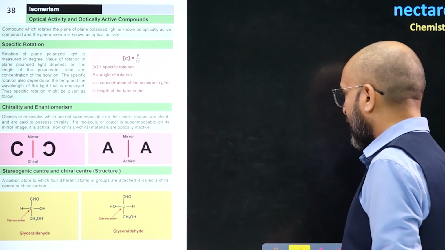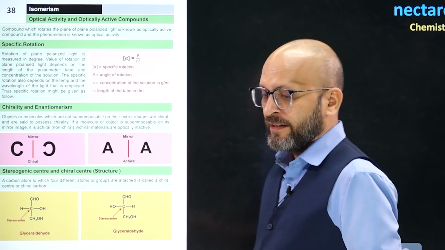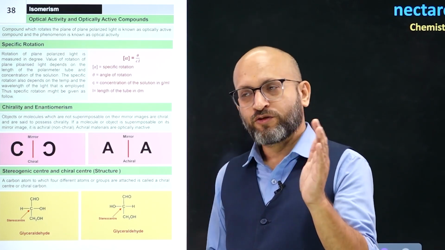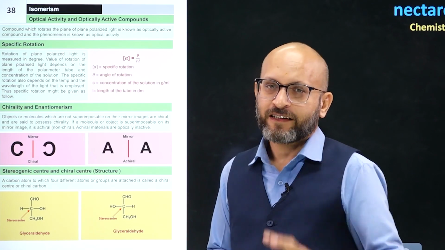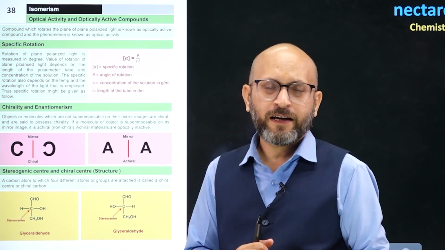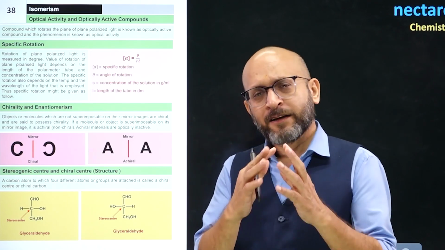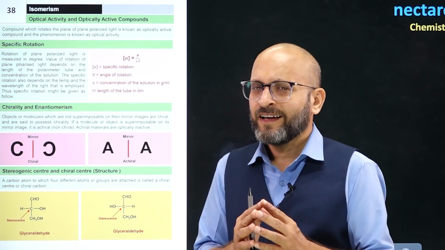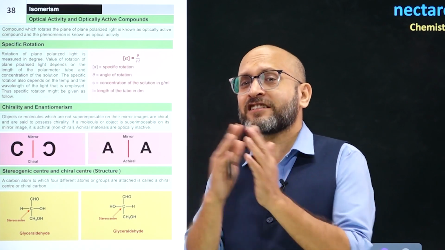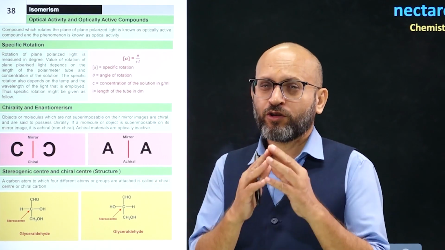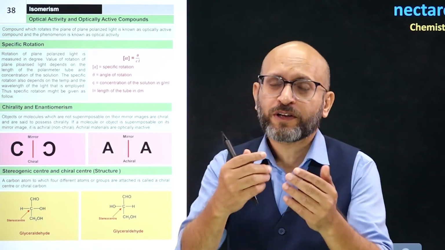Now, I have already explained that a compound which rotates plane polarized light is optically active. The condition for a compound to be optically active: if a molecule is unsymmetrical, it is optically active.